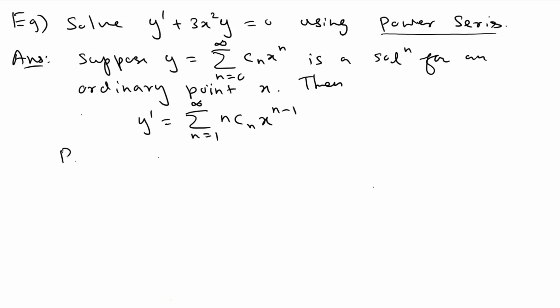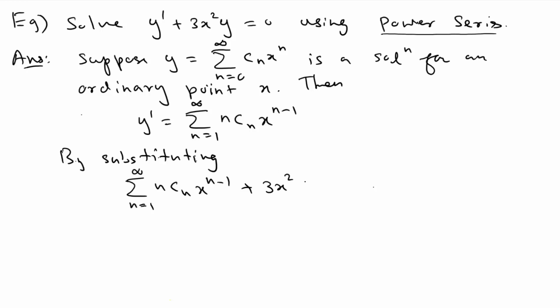Now by substituting, we get sigma n going from 1 to infinity n cₙxⁿ⁻¹ plus 3x squared sigma n going from 0 to infinity, that's the original one, cₙxⁿ. In the problem it is set equal to 0 because that is given.